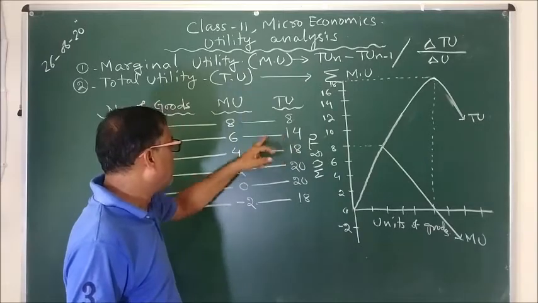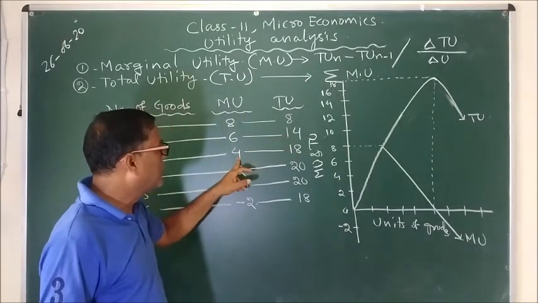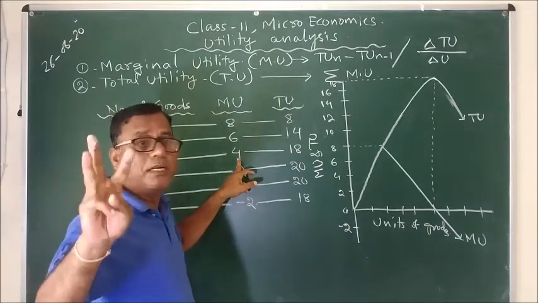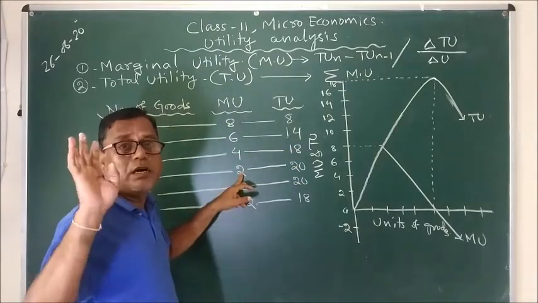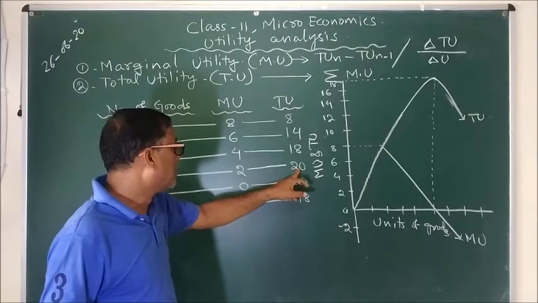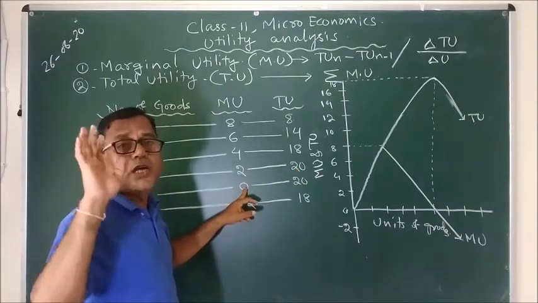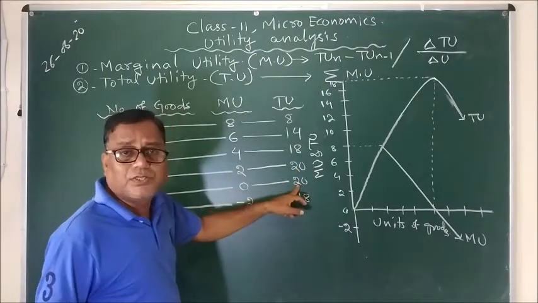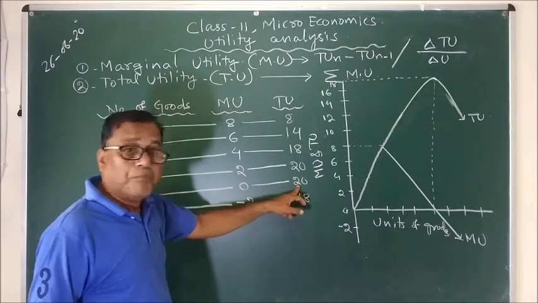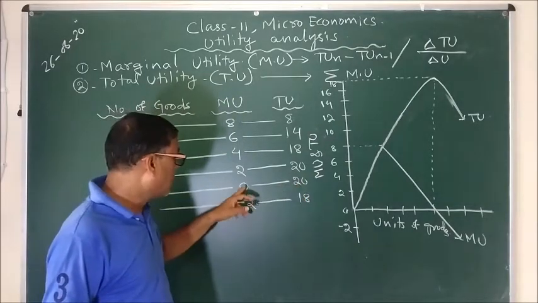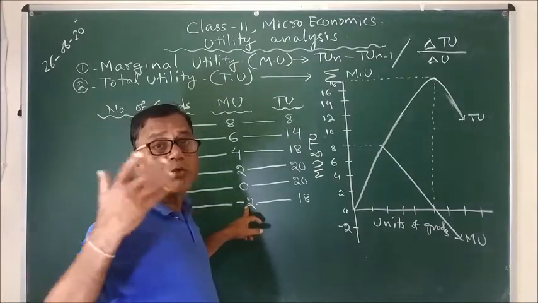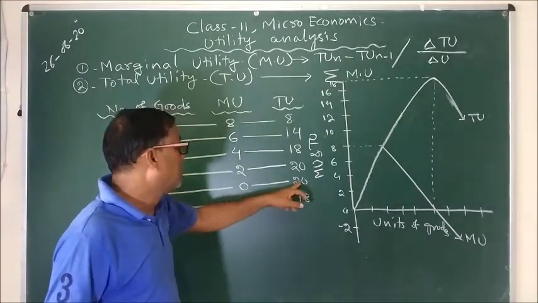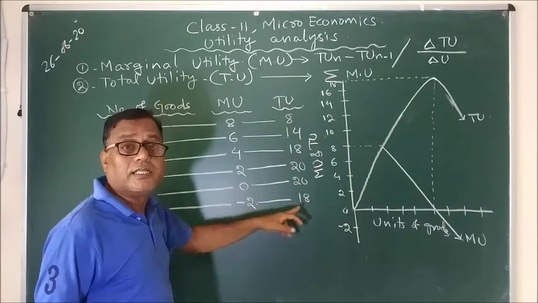In the same way, 14 plus 4: the total utility of 3 bananas is 18. 18 plus 2: the total utility of 4 bananas is 20. 20 plus 0: the total utility of 5 bananas is 20, and because from here onwards the marginal utility turns negative, 20 plus minus 2 is 18.